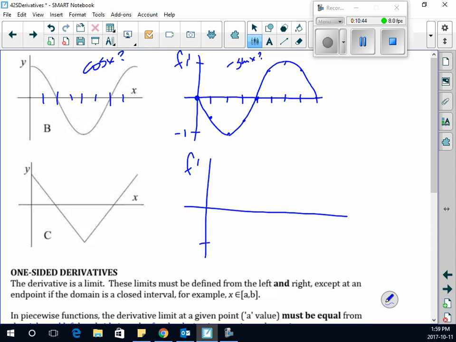A -1 slope and a +1 slope. Okay. So did you get something like this? And then something like this? So an absolute value. And so now you have to have a hole there because there's no slope at that one point.